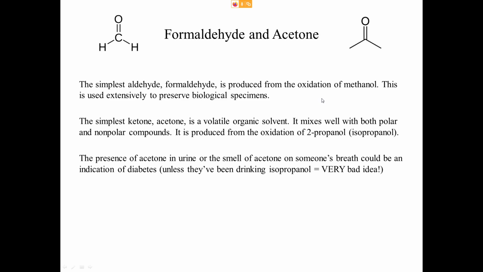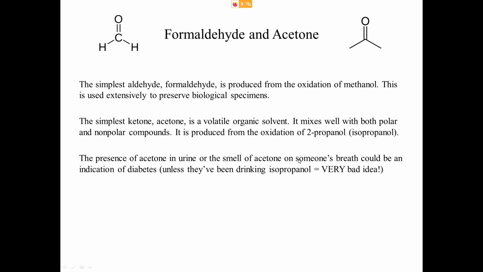But if you detect acetone either on someone's breath or in their urine, this is very bad. It's usually one of two things have happened. Well, one of three things, I guess, two of which are equivalently bad.